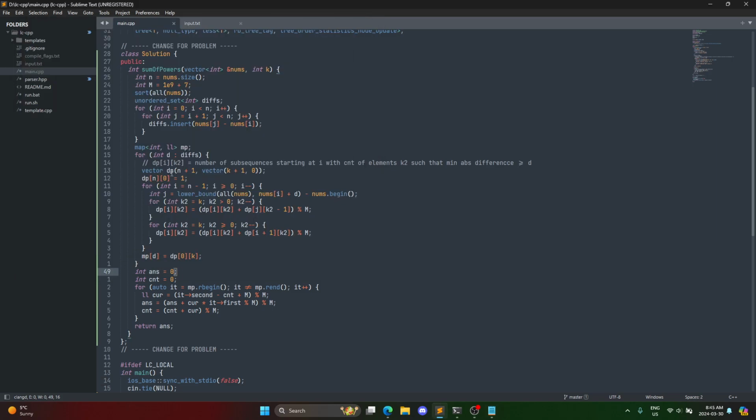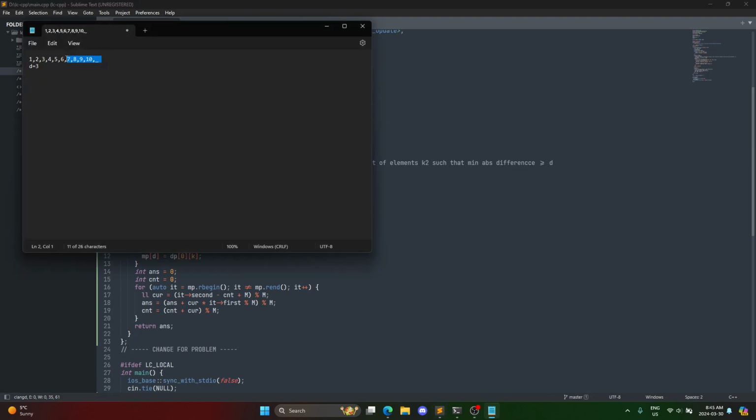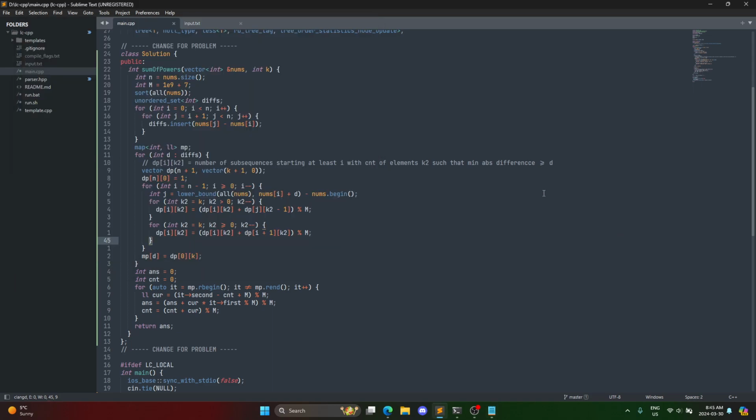So this DP, starting at I, at least I, is kind of like the prefix sum of the answers for 7, 8, 9, and 10. Then you can access it through 7. So we don't have to have an extra for loop to say, okay, 4 plus 3 is 7, so we go add the answer for 7, 8, 9, 10. We don't need to do that.